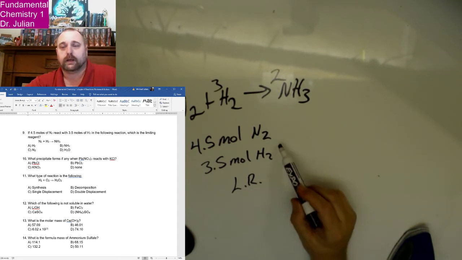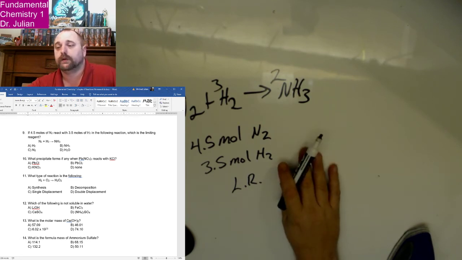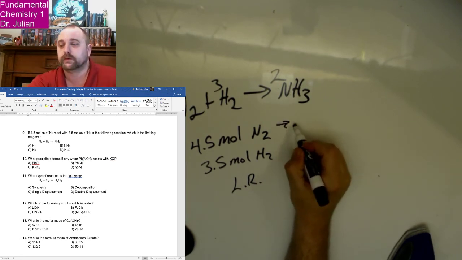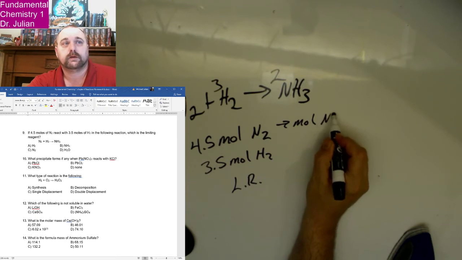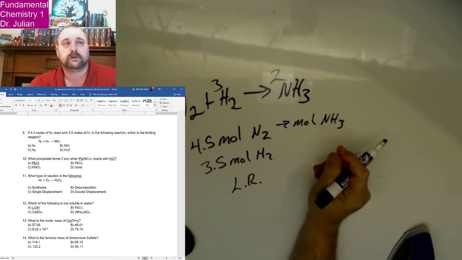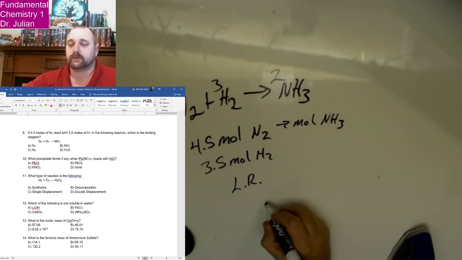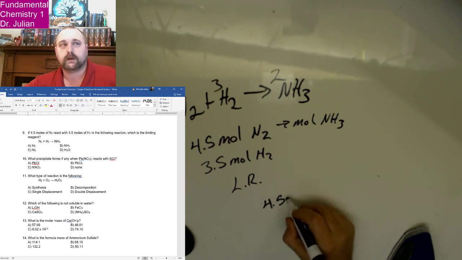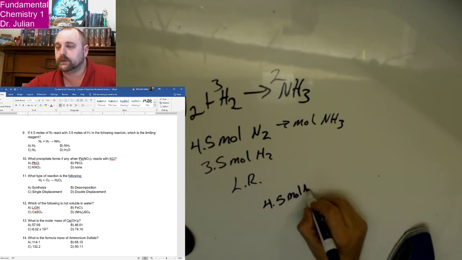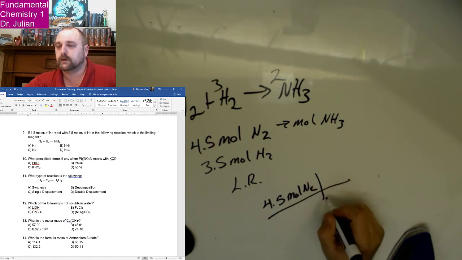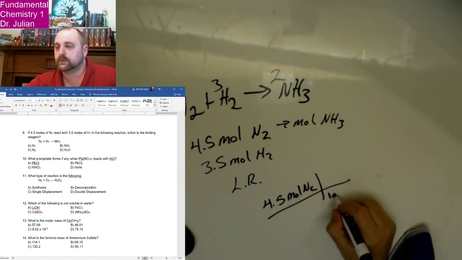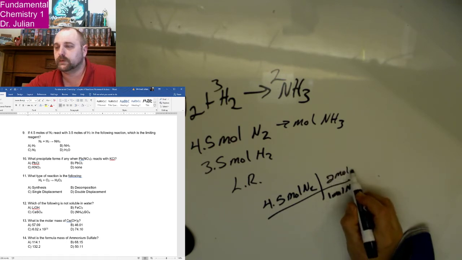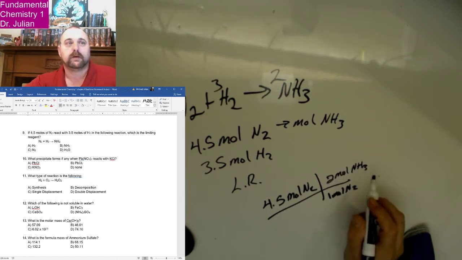All right, so I got apples and oranges. I need to compare them. So I'm gonna go to moles. Take both of these to moles of NH3. So I'm gonna start with my 4.5 moles of N2, and for each 1 mole of N2, I make 2 moles of NH3.